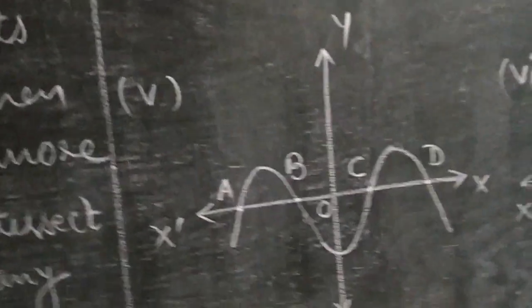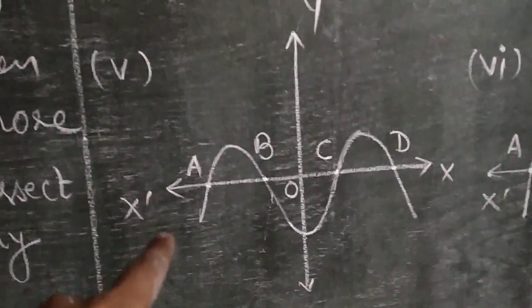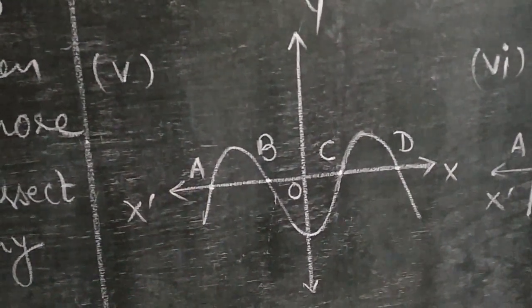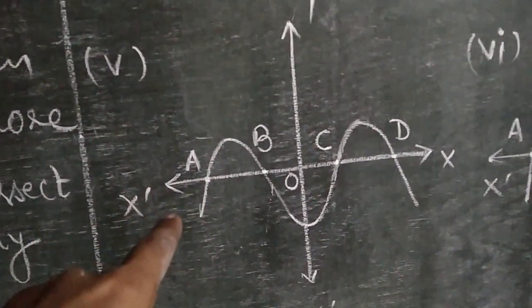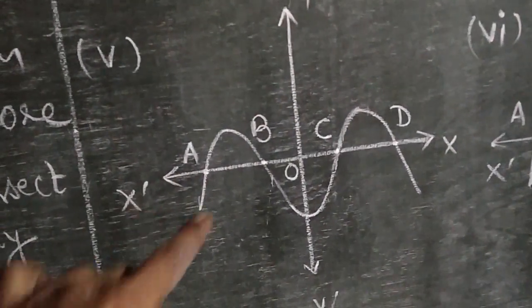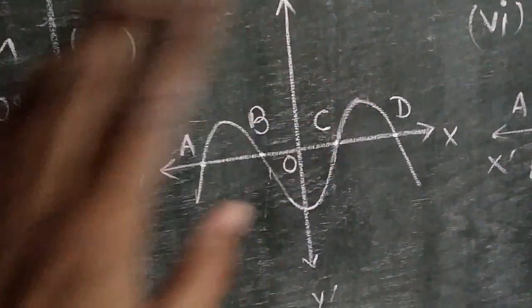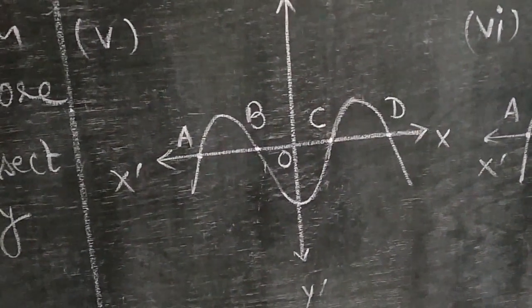Now in the fifth example, the curve of the polynomial intersects the x-axis at 4 distinct points A, B, C and D. So there will be 4 zeros of the polynomial in that case.